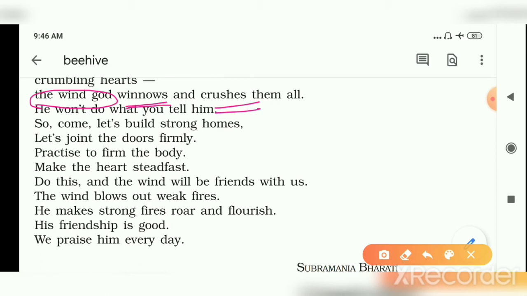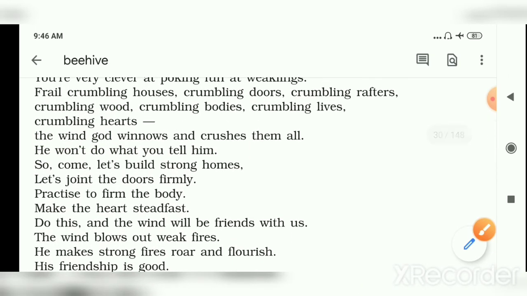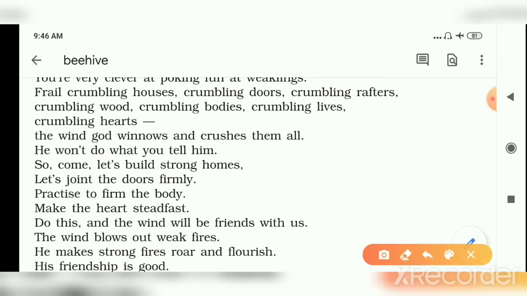Winnows means to depart. All the human beings on this planet Earth, wind has the capacity to winnow, to depart them. ઝાડ છે મૂળ સહિત છે ઉખાડીને ફેંકી દેશે. Winnows and crushes them.